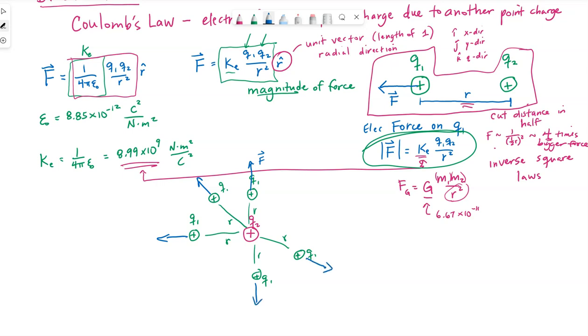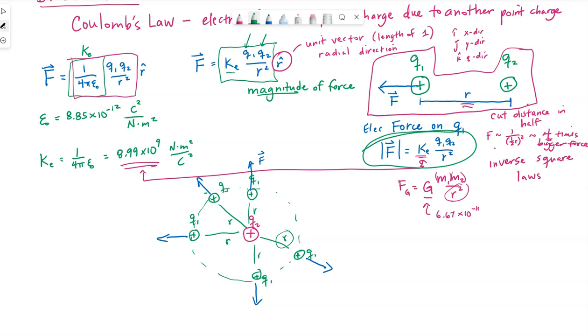So if we imagine a circle, we could put Q1 anywhere on this circle with radius R, and it will experience the same magnitude of force. The only difference is the direction. The direction will always point along that radius, and in this case, outwards, because Q1 is going to be repelled.